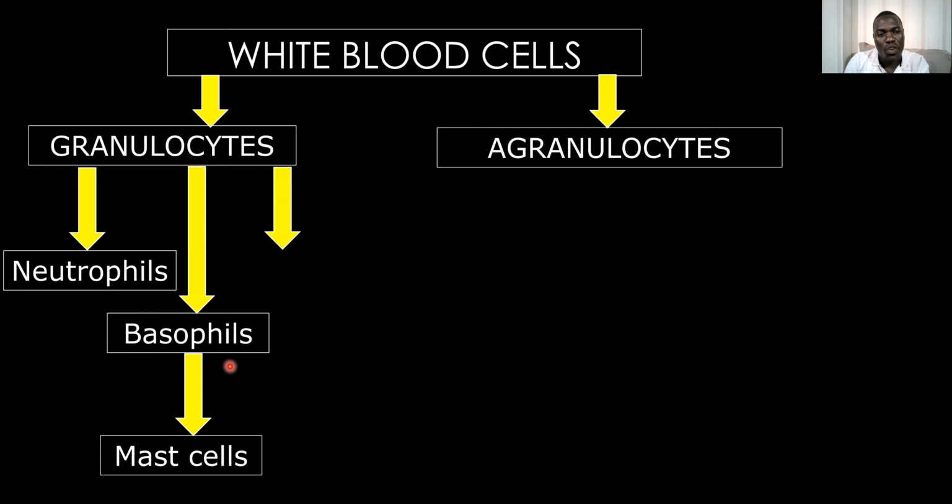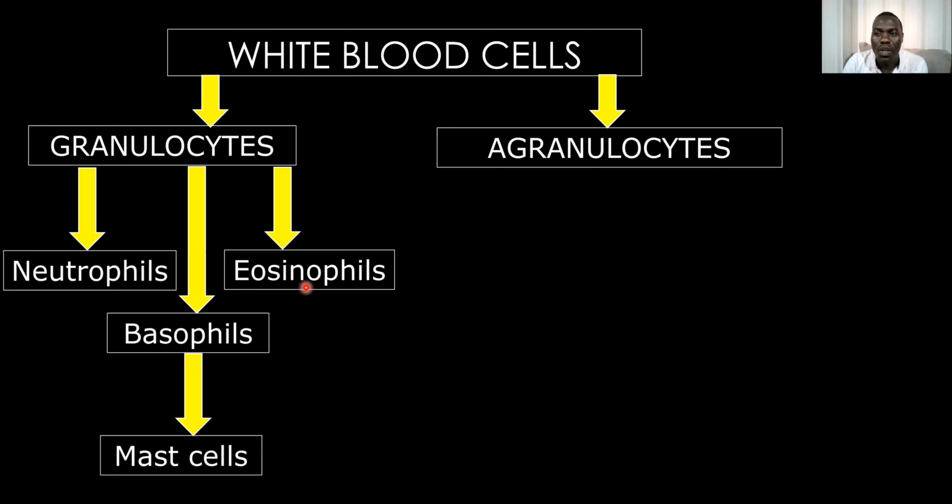The third type of granulocytes are the eosinophils. Eosinophils are about 2 to 4% or 1 to 4% of all white blood cells. Eosinophils also release their granules. They offer immunity against large pathogens, things like worms or some protozoal infections.